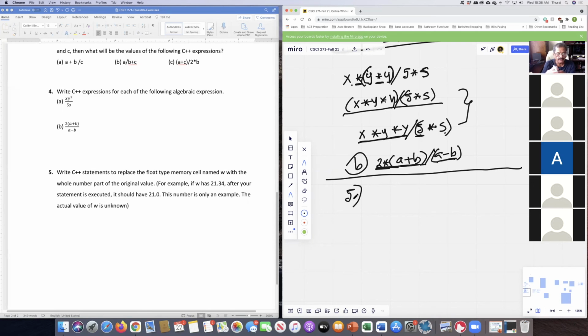The 21.34 is used as an example to illustrate. We don't know the value of W. W has some value. We don't know what it is. We are not working with any number. W has a number and we need to replace it with the whole number part of it.